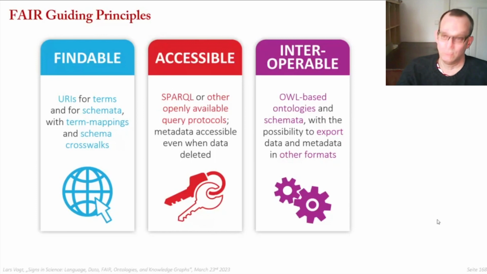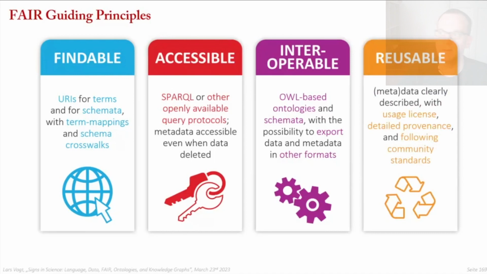That would be cool, right? So I have no transformation steps in between. And the more formats we provide, the more fit for use is our data, and the more it is interoperable with certain analysis tools. Then in terms of reuse, data and metadata must be clearly described.